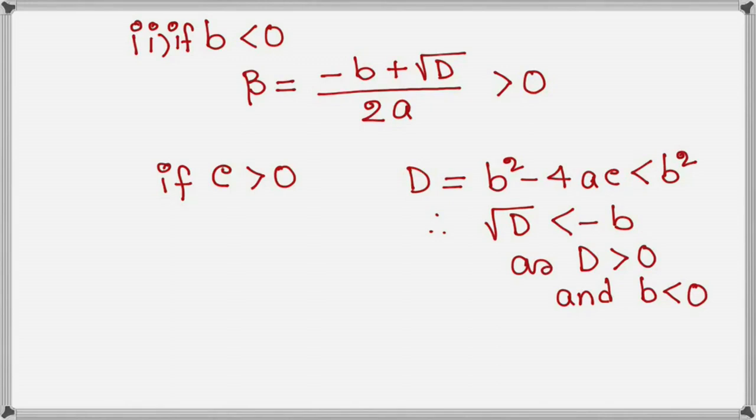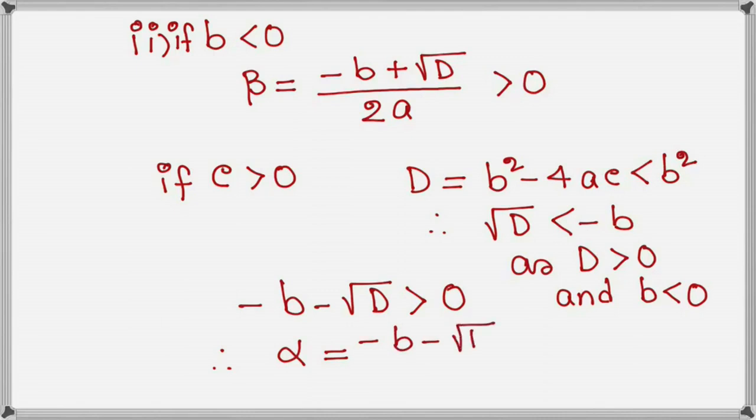And from here we can conclude that minus b minus square root of d is strictly bigger than 0. So therefore alpha, which is minus b minus square root of d divided by 2a, is strictly bigger than 0. That is the sign of the solution alpha is positive.